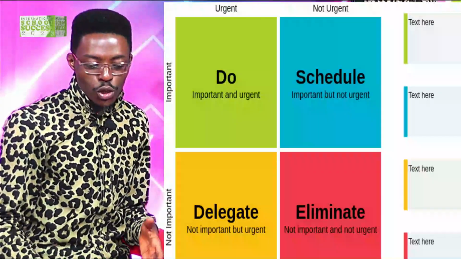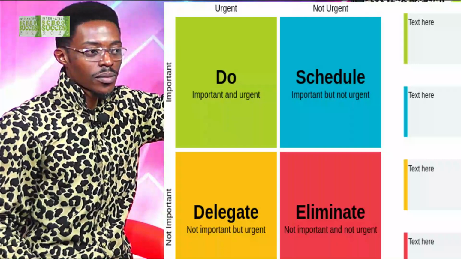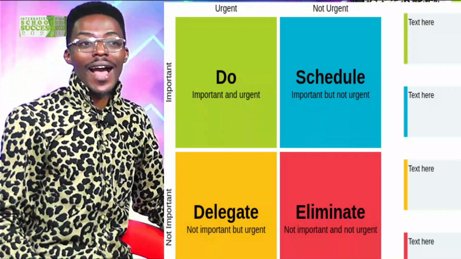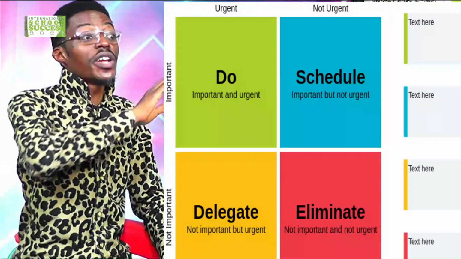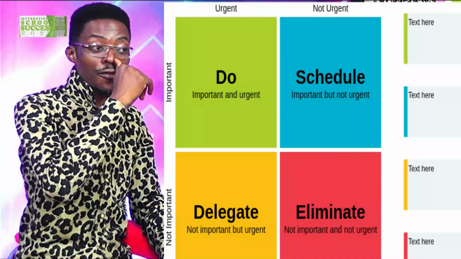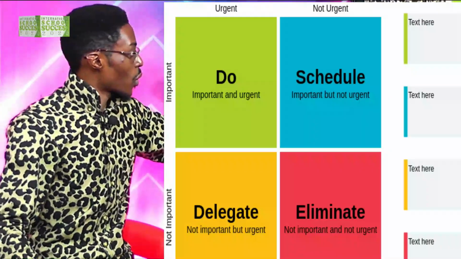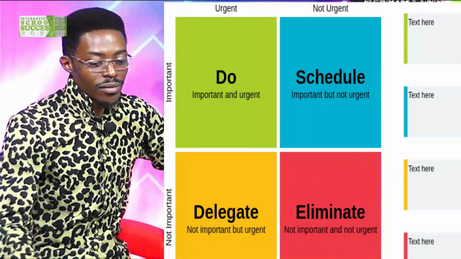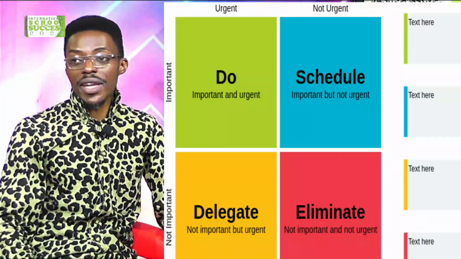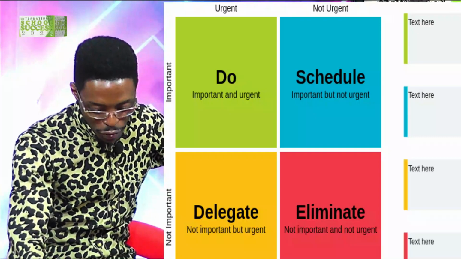So the best thing to do about quadrant 4 is elimination. Or you bring them back when you must have finished everything for the day. And if peradventure you are not able to finish quadrant 1, quadrant 2, and quadrant 3, quadrant 4 is eliminated. I want to believe you understand that.